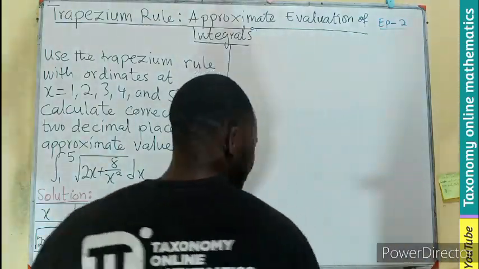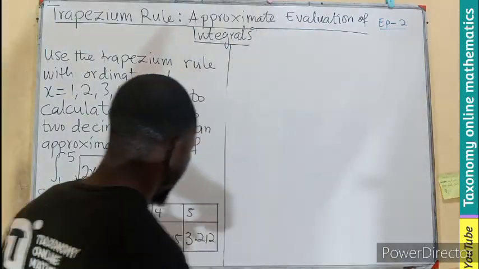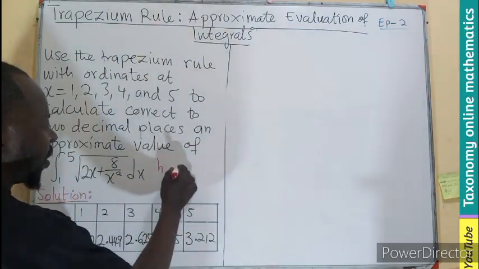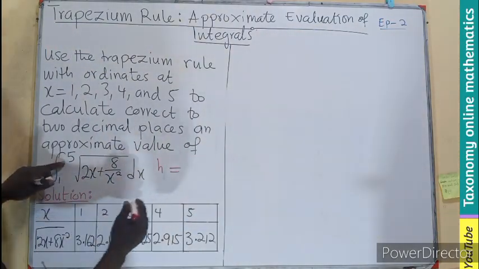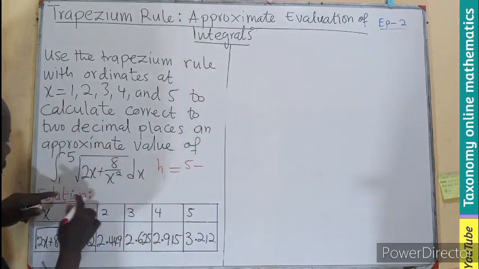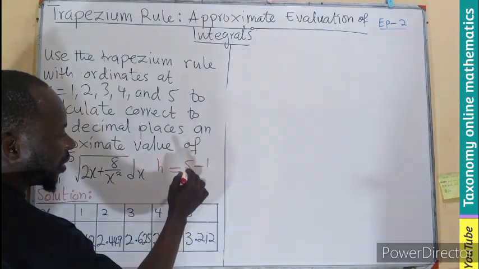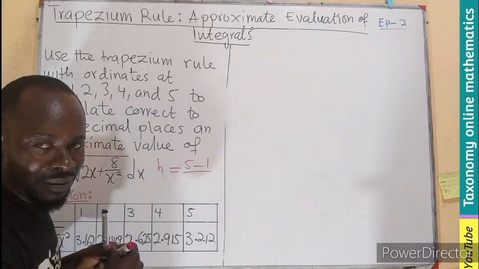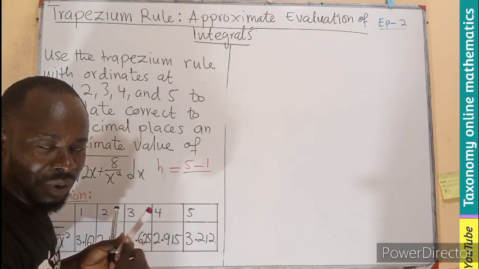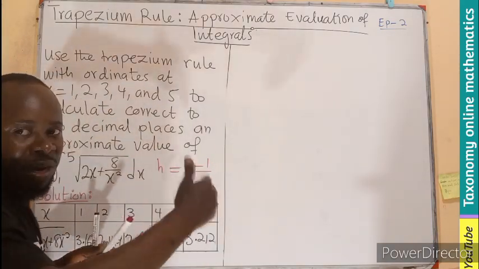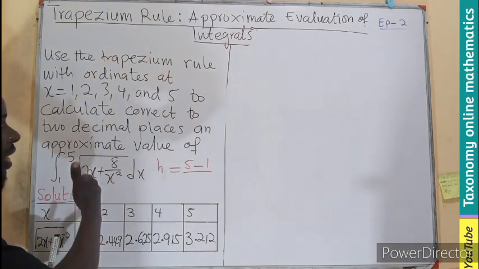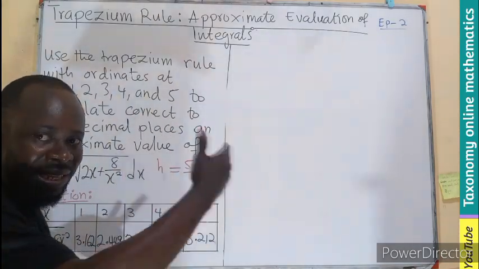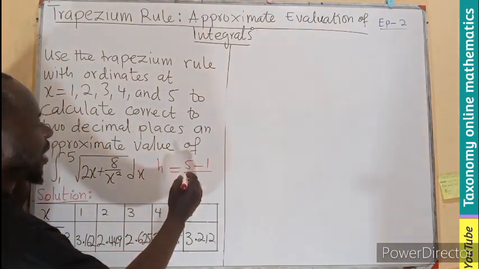Let me use a different color. h equals the upper limit 5 minus the lower limit 1. Here we have not been given the sub-interval. Remember our first episode, the sub-interval is the number of trapezia we have. But here we're given the ordinates, which is the interval itself.